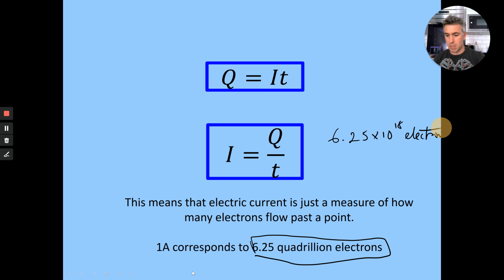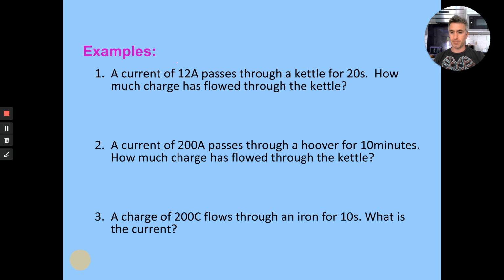I'm going to change this to a red pen. You can't see that otherwise. 6.25 quadrillion electrons. That's quite a lot. So 1 amp has a lot of electrons. Okay, so here we have. Let's put the triangle back on the top for you. Yeah, red pen. Sweet.